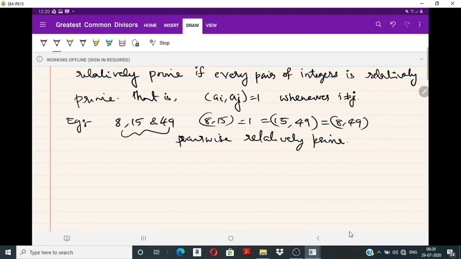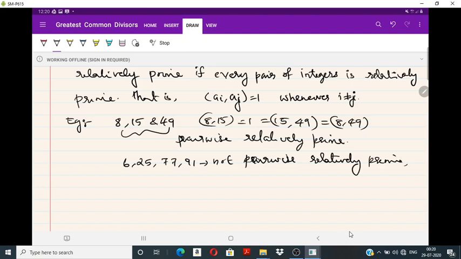But when we consider the integers 6, 25, 77 and 91, in this case they are not pairwise relatively prime, since 77 is 11 into 7 and 91 we can write as 13 into 7.